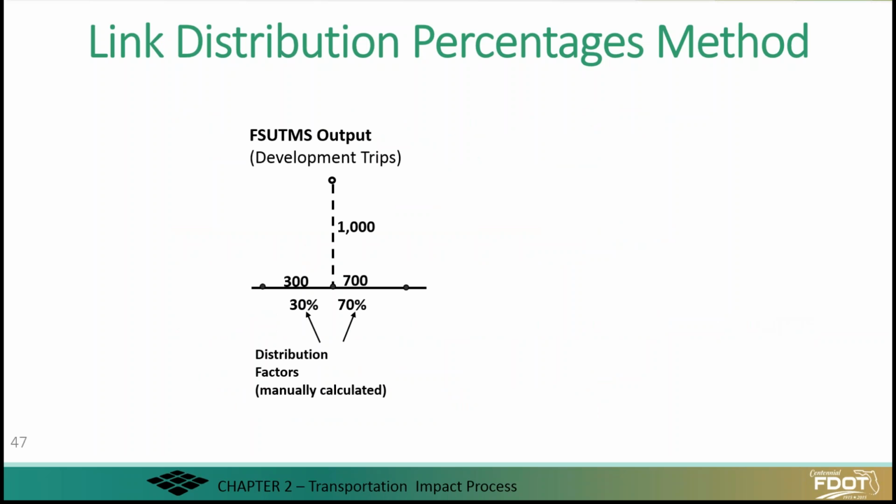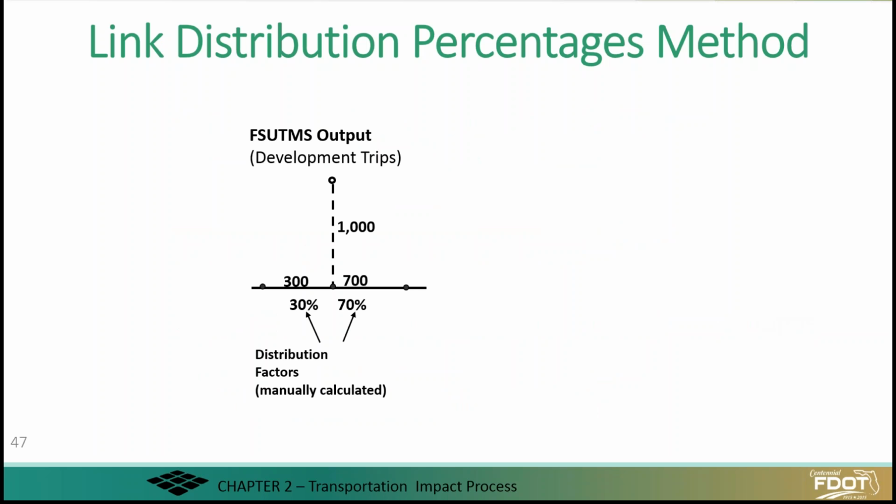So for example, you take the FSUTMS model, we put in our equivalent ITE development characteristics, the square footage converted to employment, or the dwelling units converted to population, into the FSUTMS model.